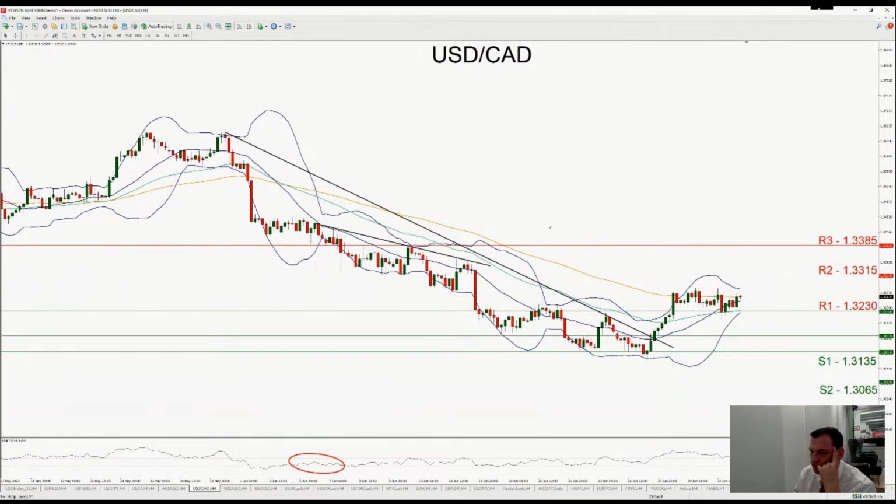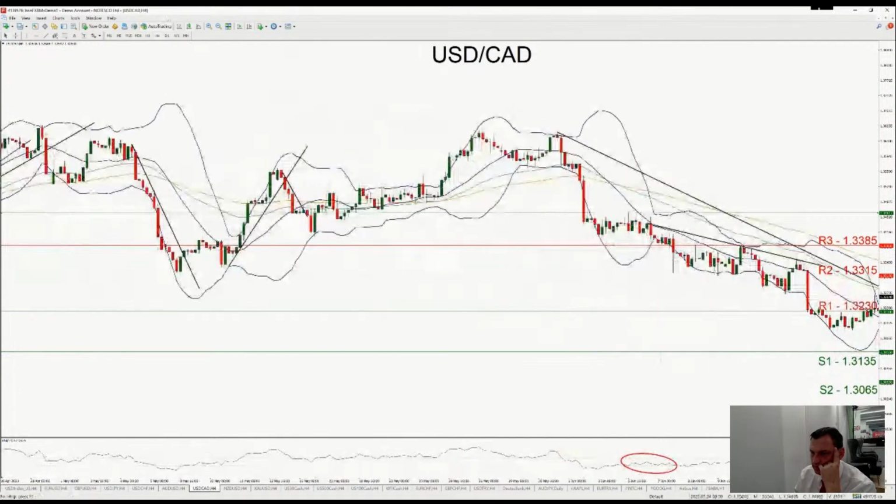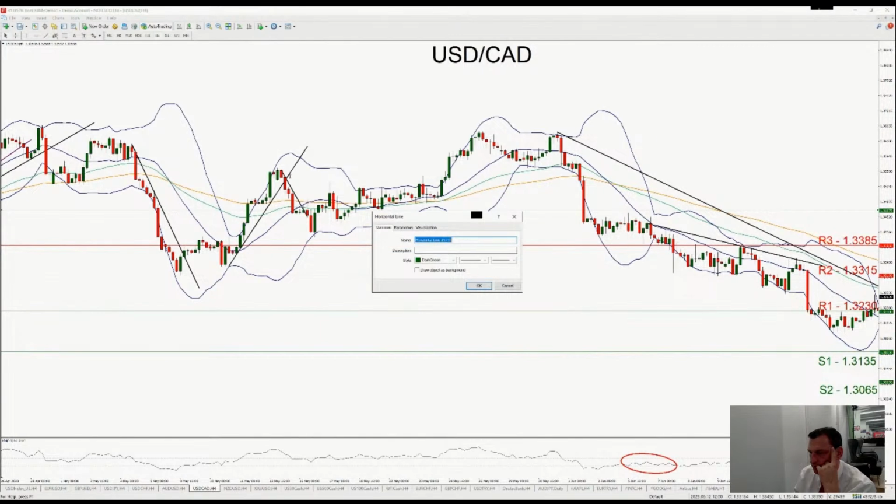Let's go hunting for a new ultimate resistance line. Unlocking the chart. Here we have peaks here. I'm keeping it somewhere here. And that would be in red.